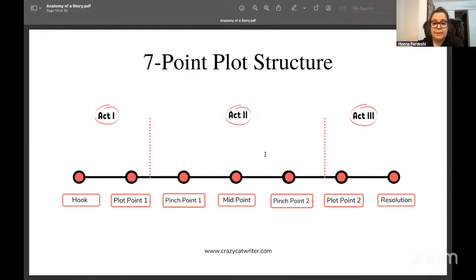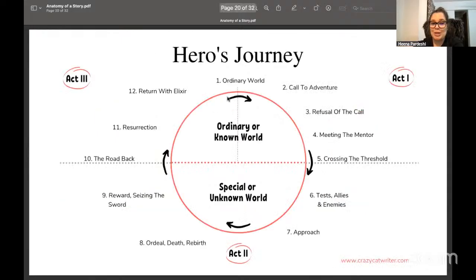Then there is the hero's journey. It is one of the most famous story structures. And this structure is actually only used by either fantasy writers or mythological writers or series writers if your story is extremely complex and involves an outside world or an unknown world where world building is required and we have different species of characters.